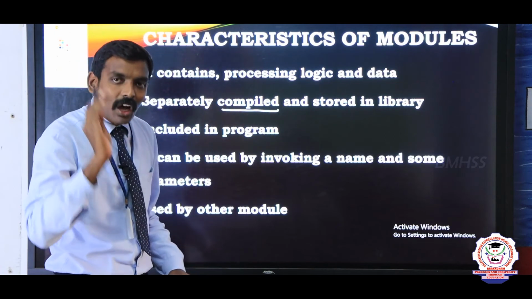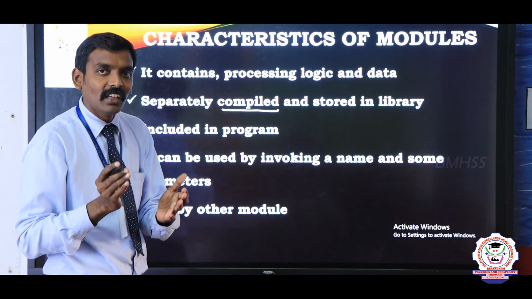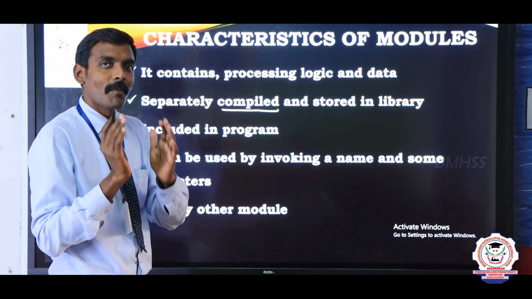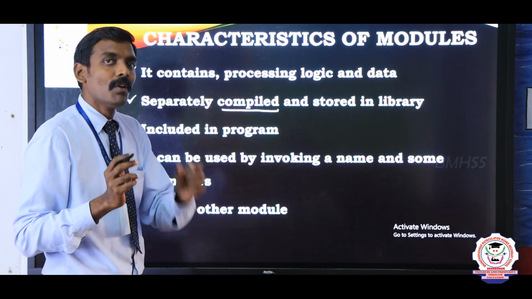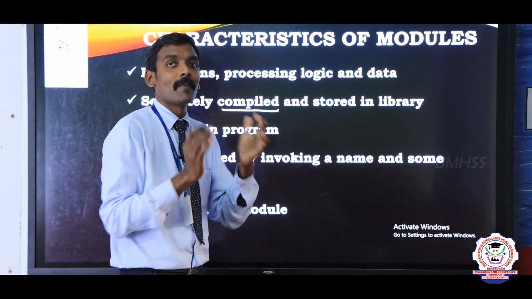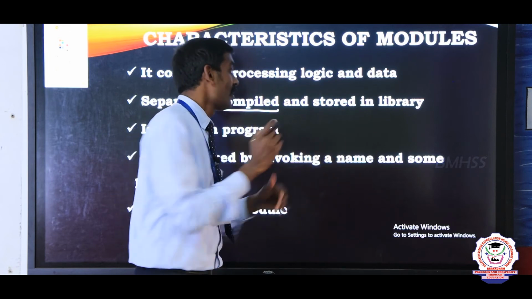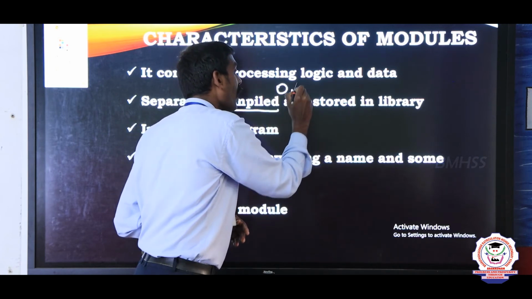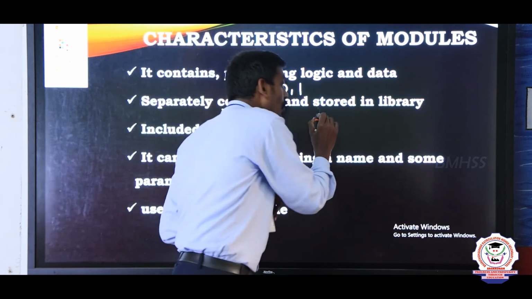A program is in human understandable form. This can be converted into machine understandable form. That is called compilation. The process of converting to machine understandable form, that means 0 and 1, is called compilation, and it can be stored in a library.